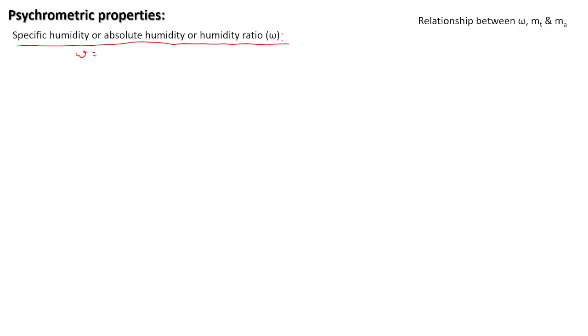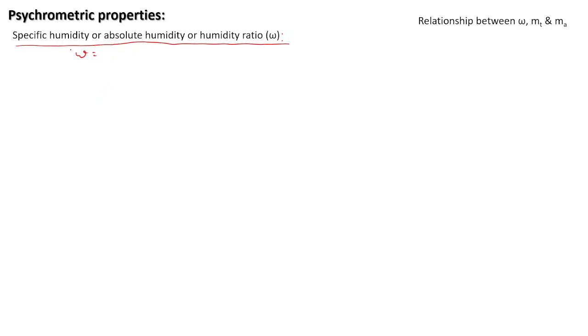Less water molecules in the air. Okay, any other person? Mass of water vapor to total mass. Which total mass? Air only or total mass? Sir, dry air, that is, the mass of moisture per unit dry air mass.